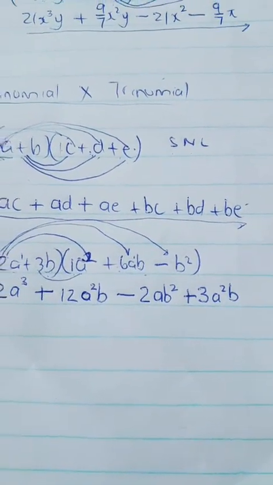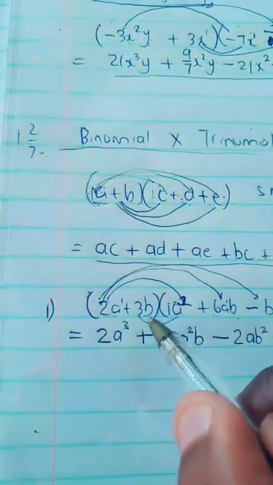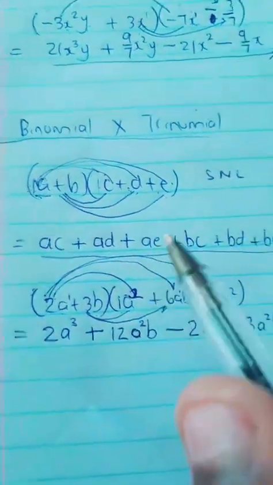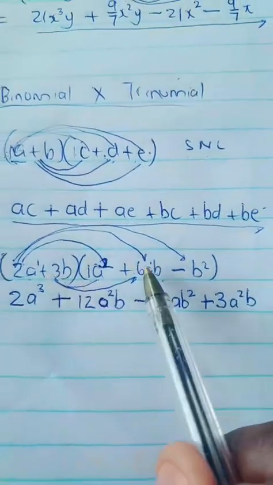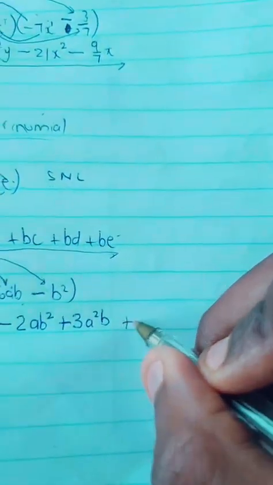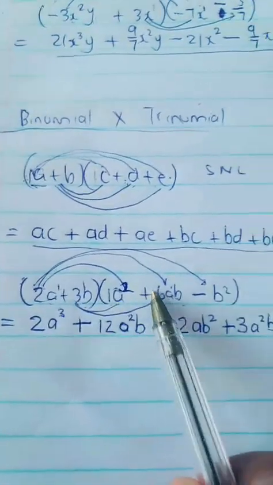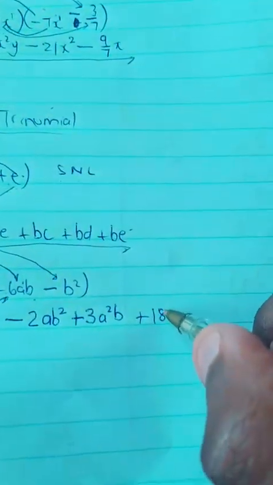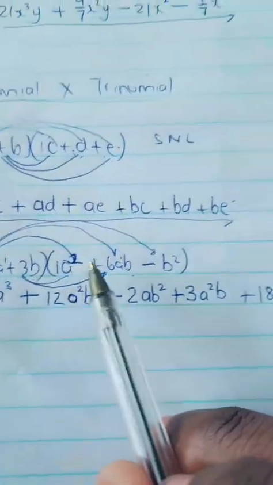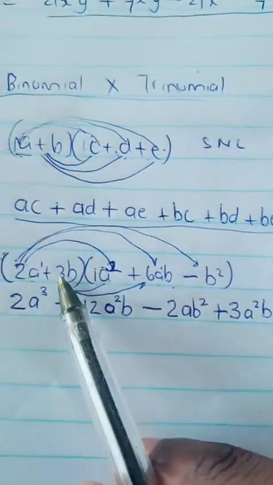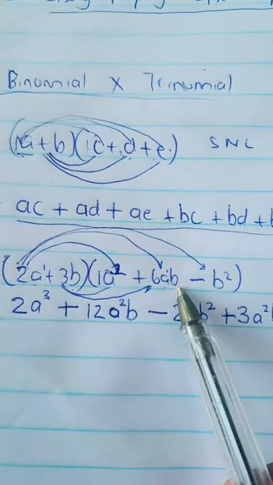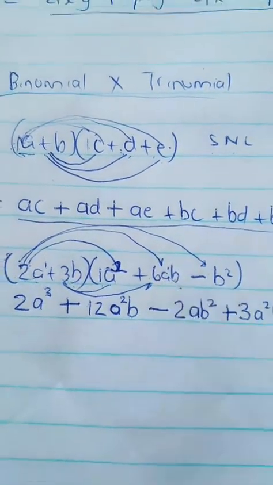Then we move on to 3b. We multiply 3b with 6ab. Once again, positive times a positive gives us a positive. 3 times 6, we get 18. B times ab. Now, b and b have the same bases, but a is alone.